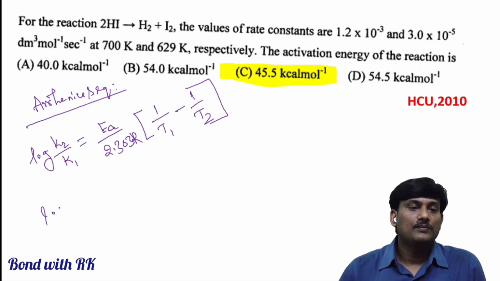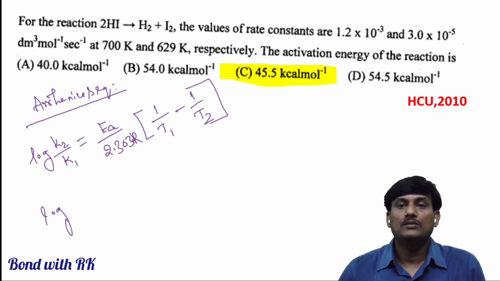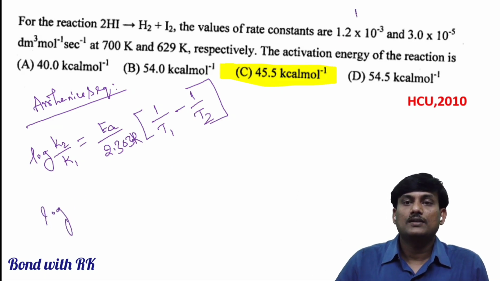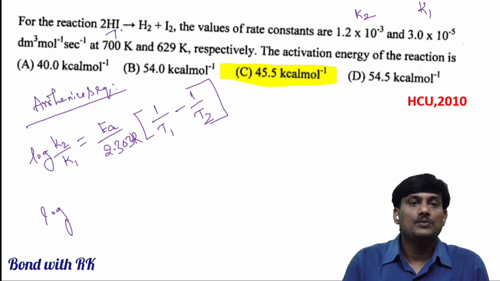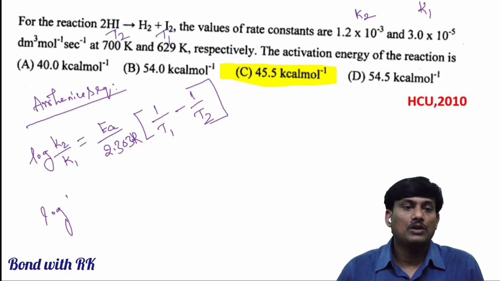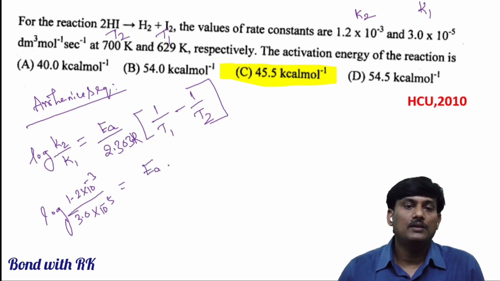So log K2 by K1. Let's take this one as K2, this one as K1, this one as T2, and this one as T1. So log K2 by K1, 1.2 into 10 to the power of minus 3 divided by 3.0 into 10 to the power of minus 5 is equal to Ea by 2.303.